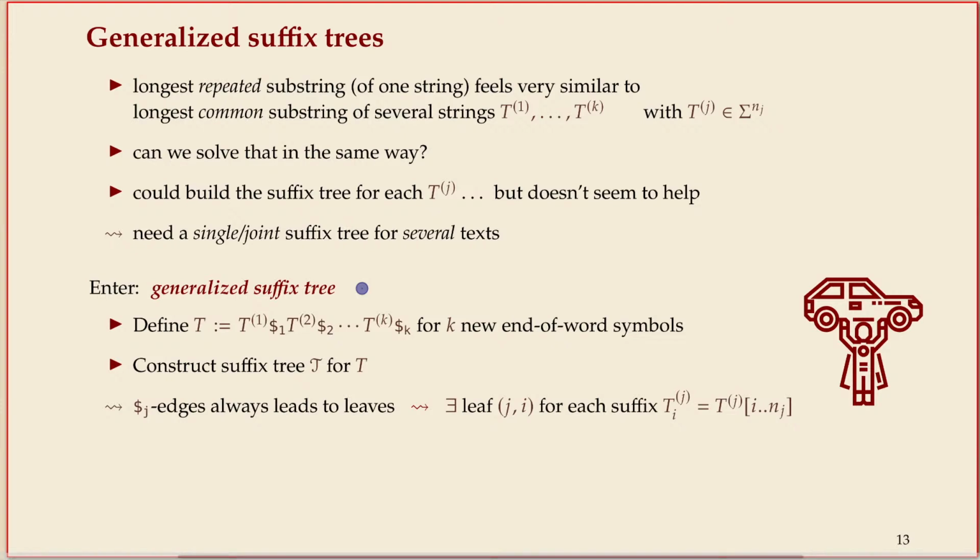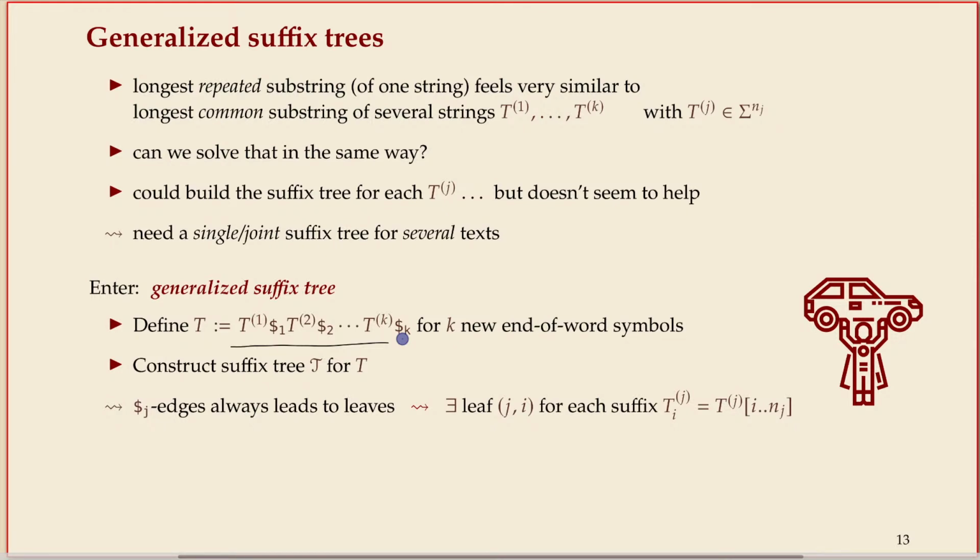And so that's a second little concept. It's actually a simple trick that works. But I think it's very useful to have this one in mind. You can define a generalized suffix tree that works for several texts. And conceptually, it can be thought of as just the suffix tree for the text where you concatenate all the texts, if you also have special markers in between that tell you where each of the original strings ends.